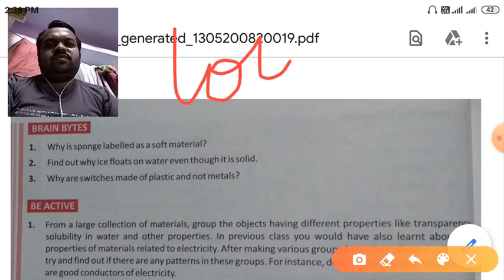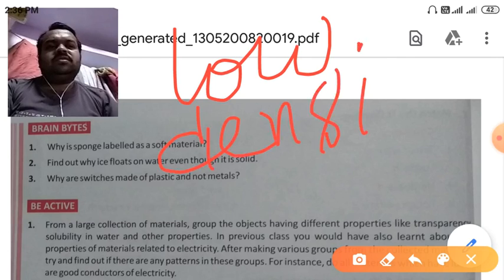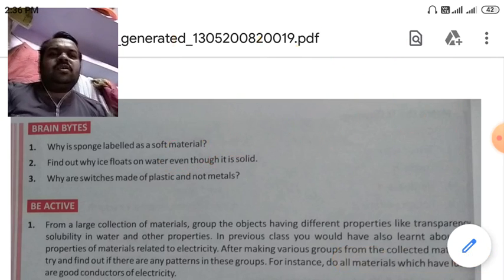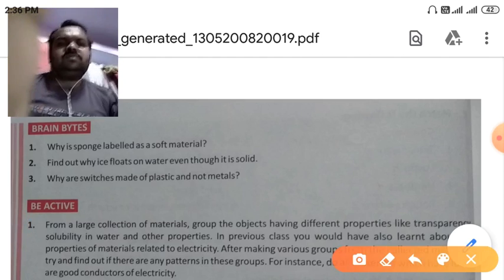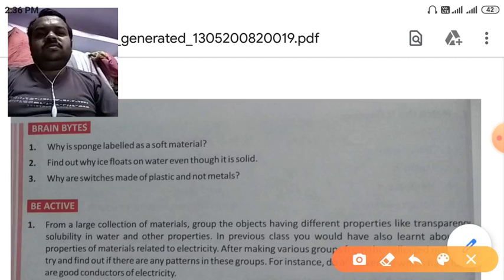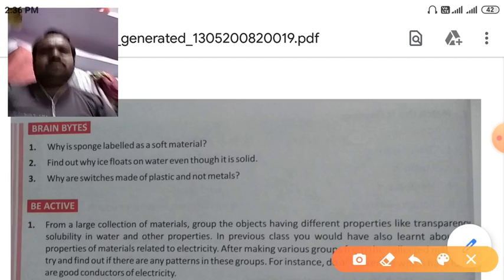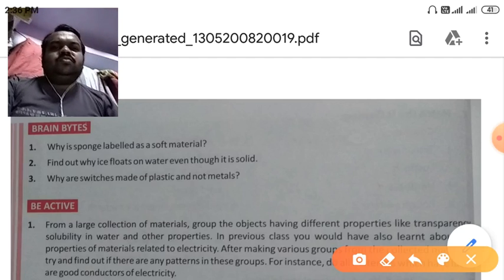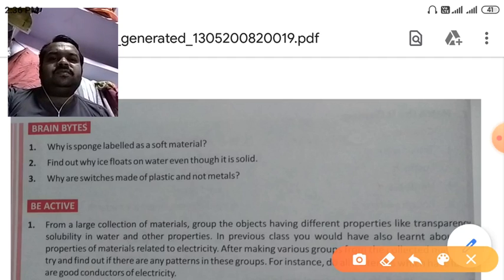Because of its low density, it cannot sink, or we can say that the water is more dense than the ice, that's why ice floats on water.